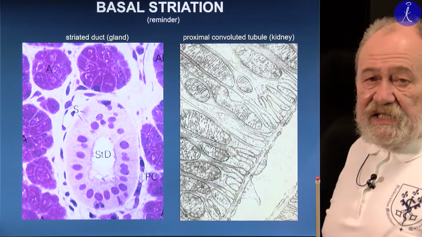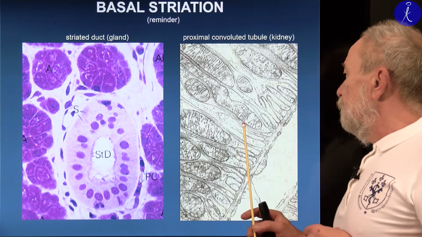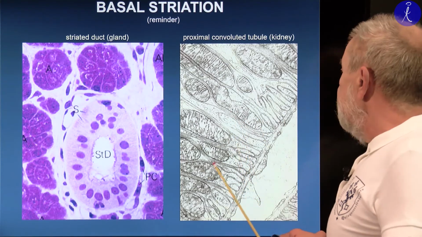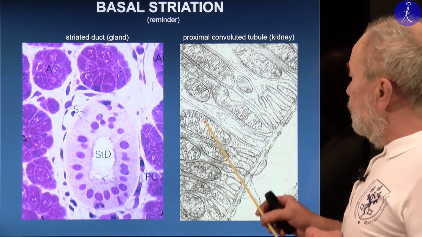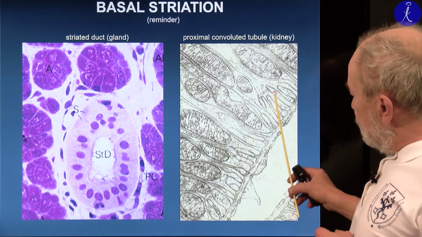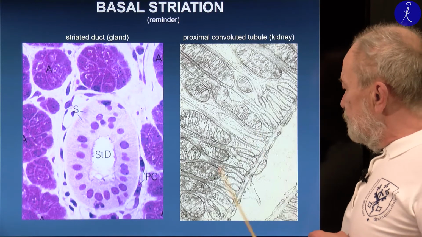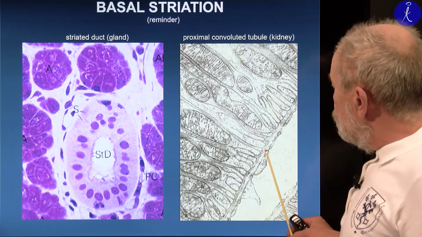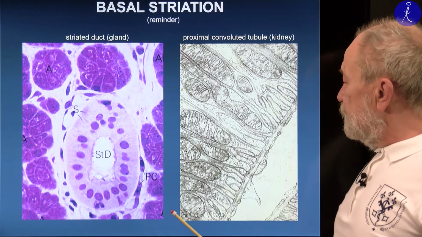And the other place in this semester you came across, when the kidney was to be studied, both proximal and distal convoluted tubules had these basal striations at the bottom of the cell, facing the intercellular space, the loose connective tissue space below the cells.